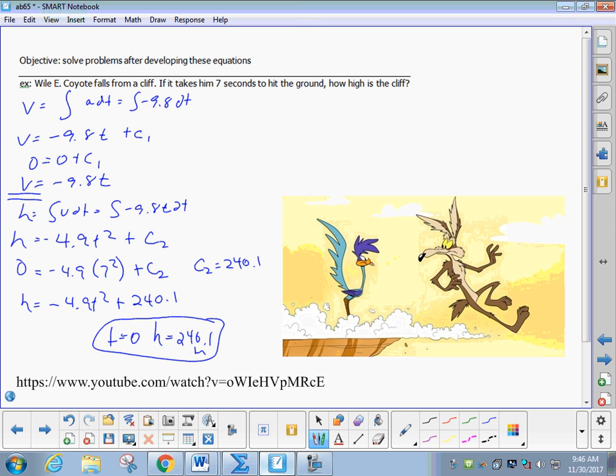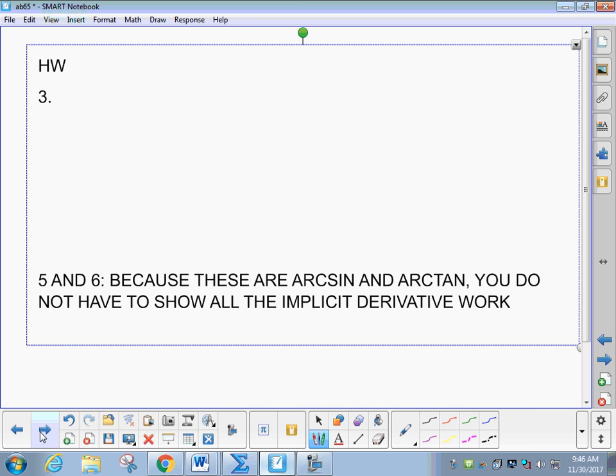In order to practice this a wee bit, get your problem set out and look at number 3. We'll do one off the homework because this is going pretty well. In number 3, it says the ball is thrown up with velocity 30 meters per second from a 100-meter tall building.